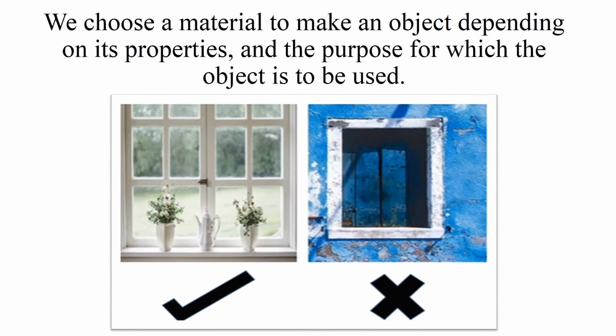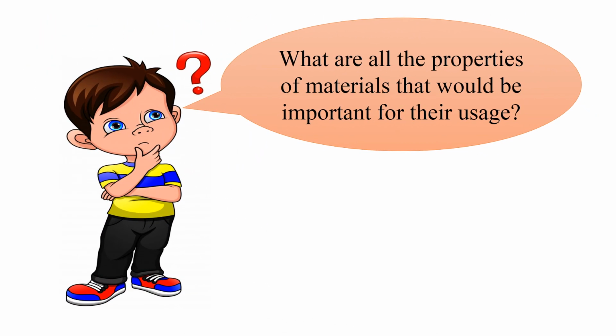So now we know that based on the properties of material, they are used for making different objects, which means we choose a material to make an object depending on its properties and the purpose for which the object is to be used. So the question arises is, what are all the properties of materials that would be important for their usage?